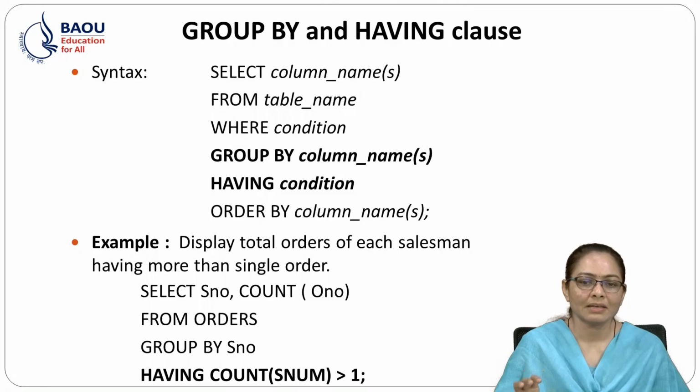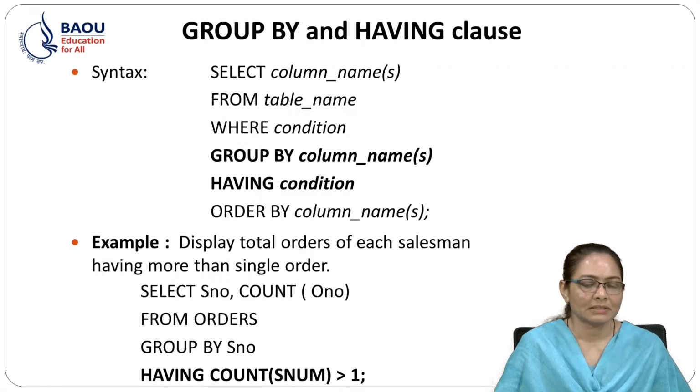So here the salesman number is grouped and it counts the total number of orders. So the salesman-wise total number of orders is displayed by the group by. We display only the information which is more than 1. Here some mistake is there. The order number is placed in the S number.